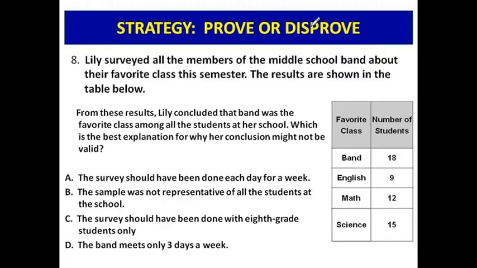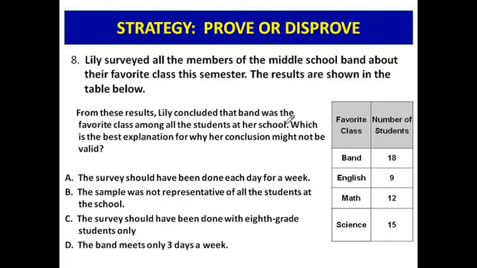This question says Lily surveyed all the members of her middle school band about their favorite class this semester. The results are shown in the table below. It says, from these results, Lily concluded that band was the favorite class among all the students at her school.